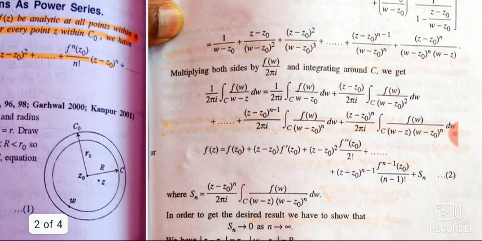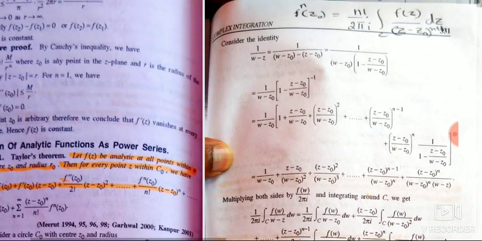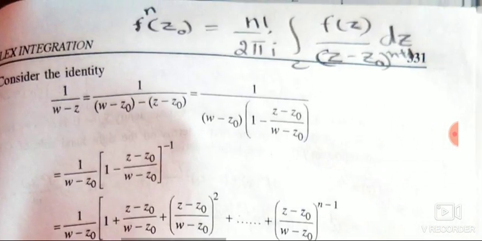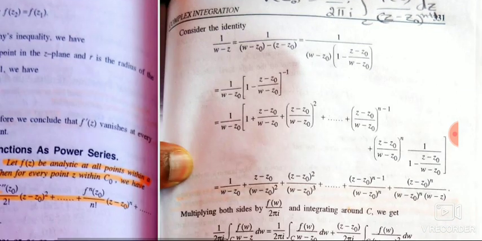Then for other terms, you have to just compare each term with the main Cauchy's integral formula for higher derivatives. Okay, we have to use this formula: f power n of z0 is equal to n factorial by 2 pi i, integration along the curve C, f of z divided by z minus z0 to the power n plus 1, dz.